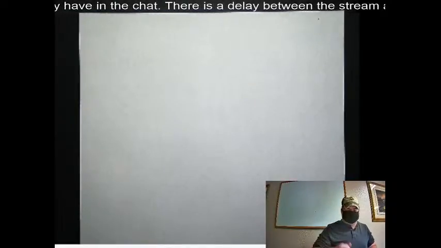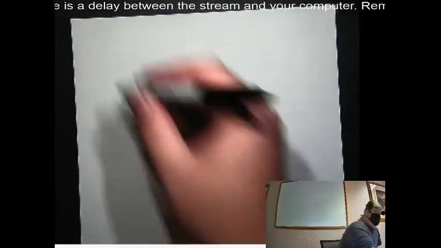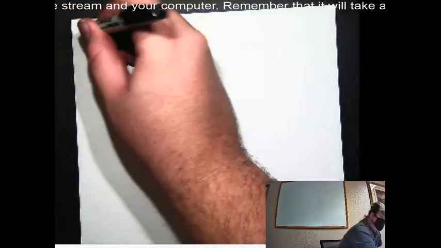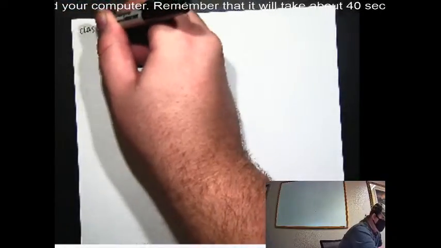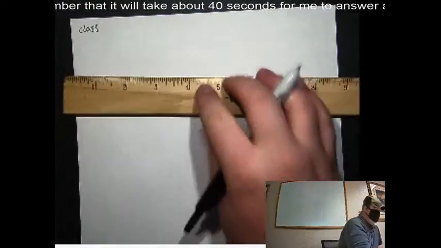So I've got an example here. I'm going to basically write out a report card. So we've got classes. I'll use a ruler here, make this look neat.